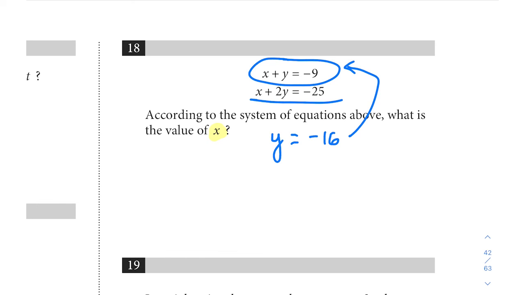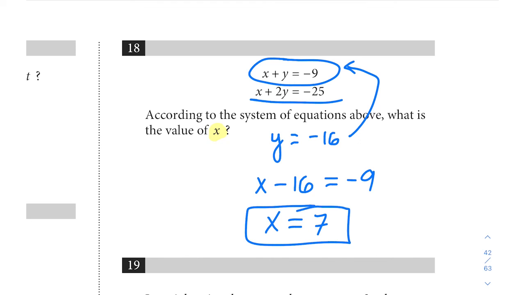Again, you can choose either one, but this one's a little more straightforward. So I do x plus a negative 16 or minus 16 equals negative 9. Add 16 to both sides, and we'll get x equals positive 7.